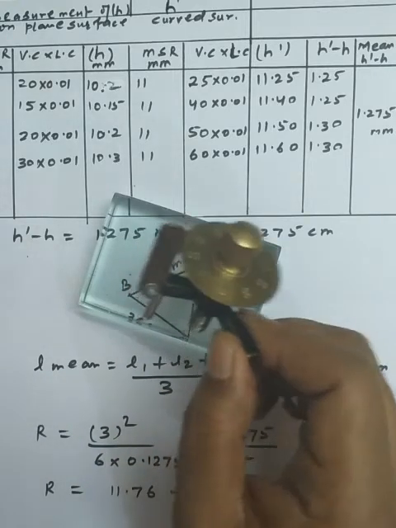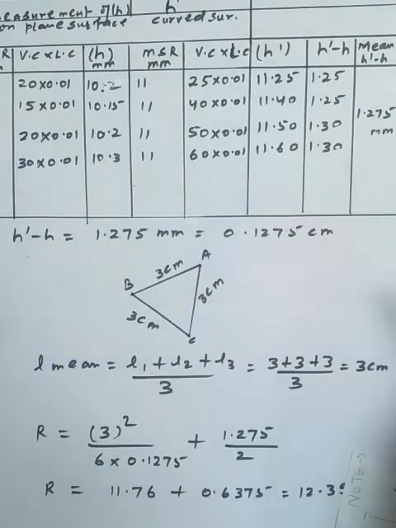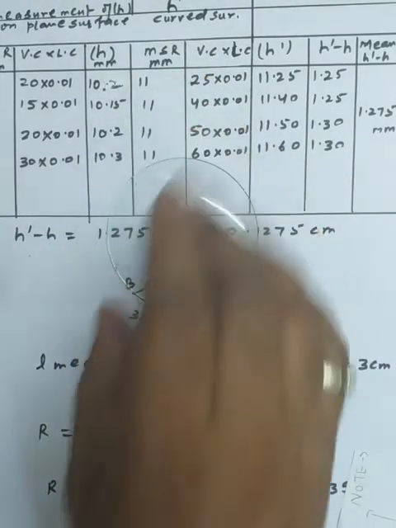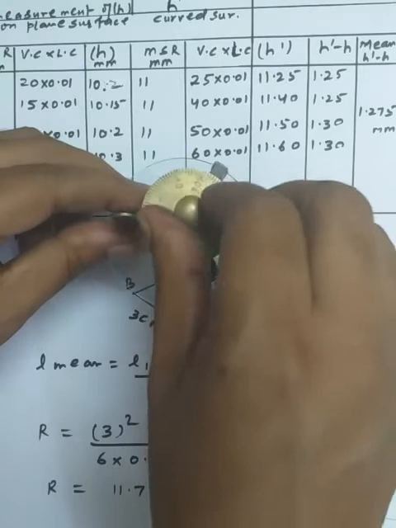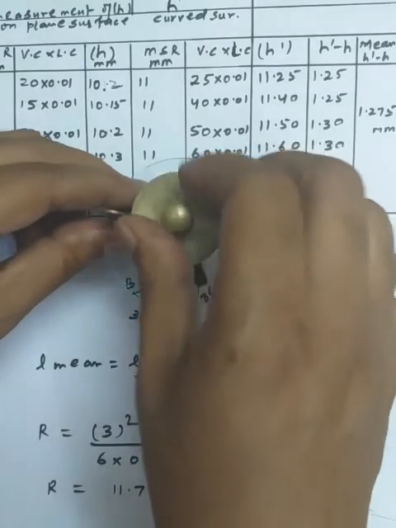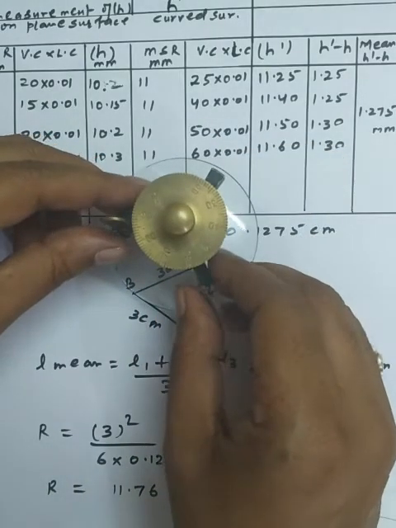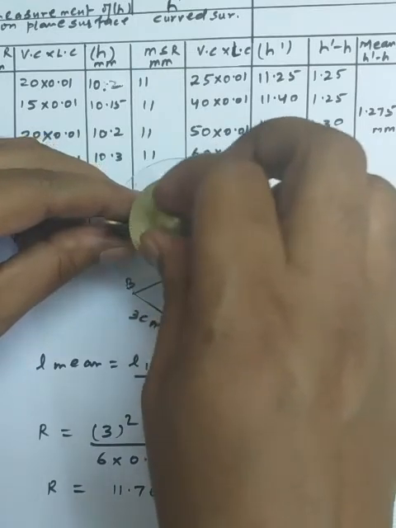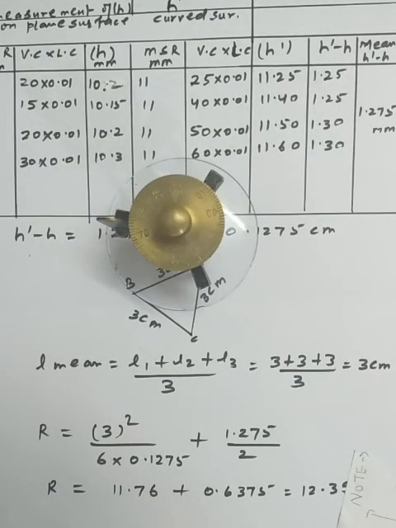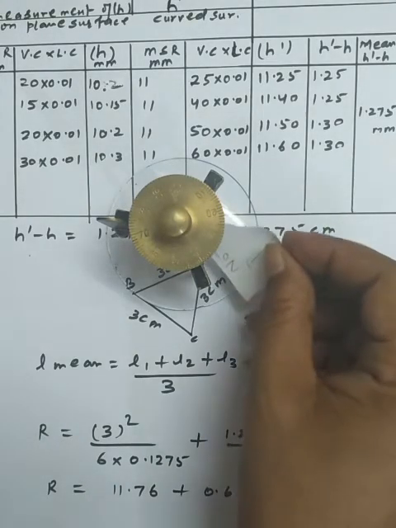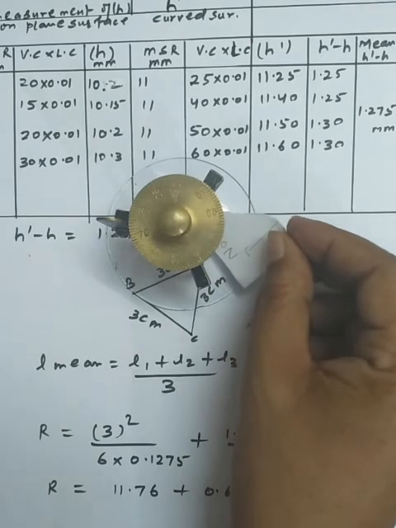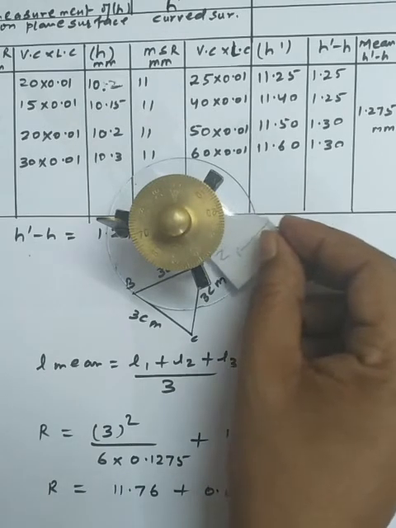Then we have the simple calculation. Now I am taking the same measurement on a curved surface. Definitely I have to move the screw in an upward direction. Further I have to stabilize the spirometer on this surface and check that the screw is stable on the curved surface.